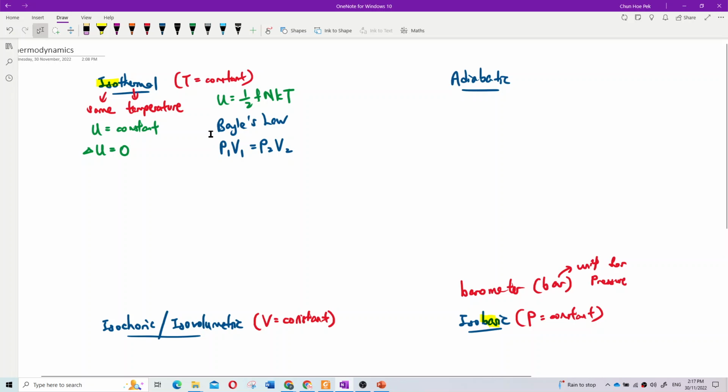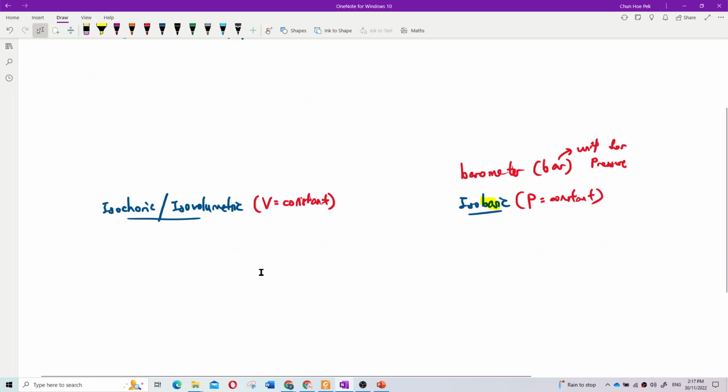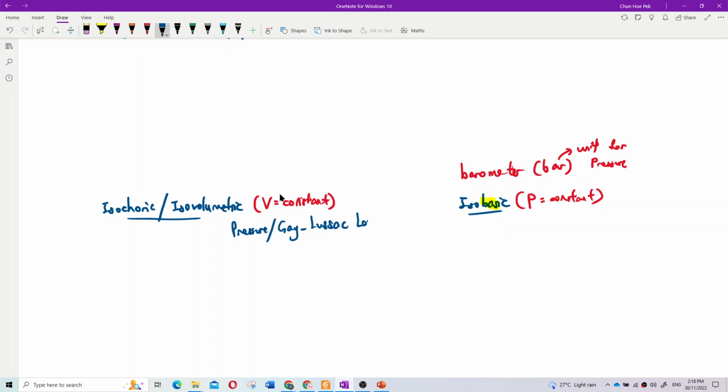I just want to finish this. Boyle's law. If volume is constant, isovolumetric or isochoric, what law is it? It's the pressure law, or we call it Gay-Lussac's law: P1 over T1 equal to P2 over T2.